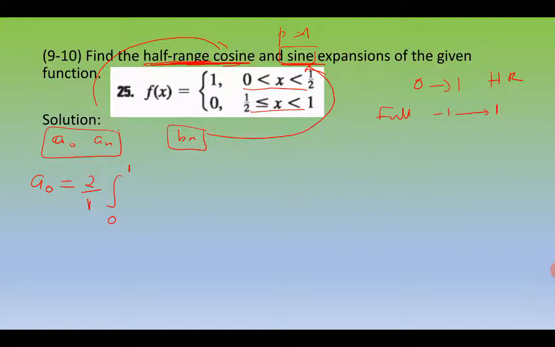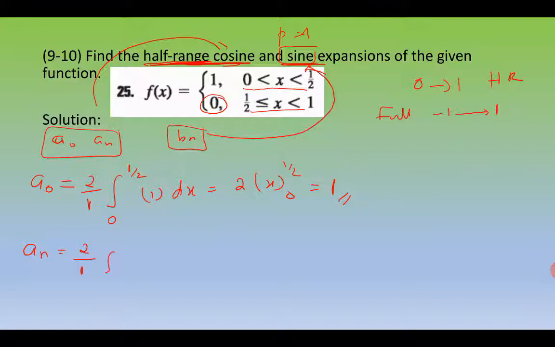The function, when you write 0 to 1, should be separated into 0 to half and half to 1. From half to 1, the function value is 0. So in the interval 0 to half, the function value is 1, dx. When you integrate this, you will get 2 times x from 0 to half. It will be half minus 0. Half times 2 is 1. So A0 is 1.